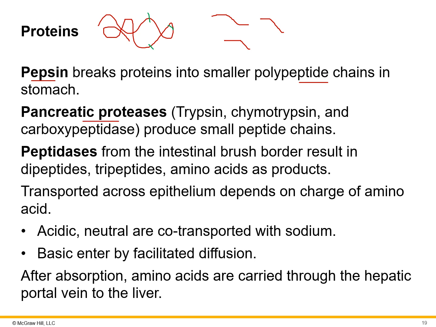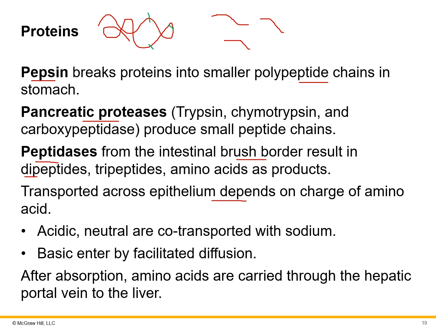Then the pancreatic proteases like trypsin, chymotrypsin, and carboxypeptidase are going to help produce more of these smaller chains. Then peptidases on that brush border are going to result in dipeptides, just 2 amino acids or 3 amino acids. So again, just continuing making them shorter and shorter.